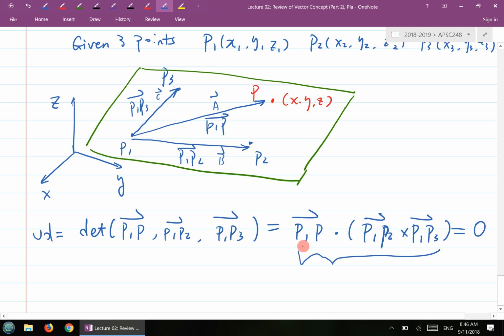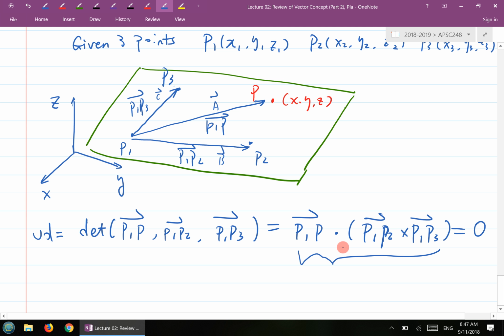So when you substitute P into here, the P1P will give you a vector containing the general x, y, z variables. And then you dot that with a known vector here. Can you visualize what happened at the end? You basically end up with just one single expression which equals 0, and that expression contains x, y, z. That makes sense? So that basically gives you the equation already.